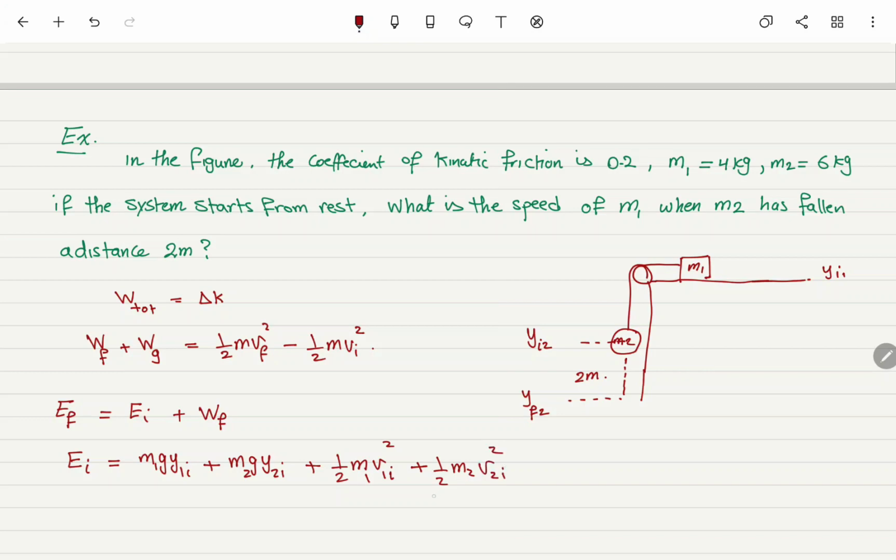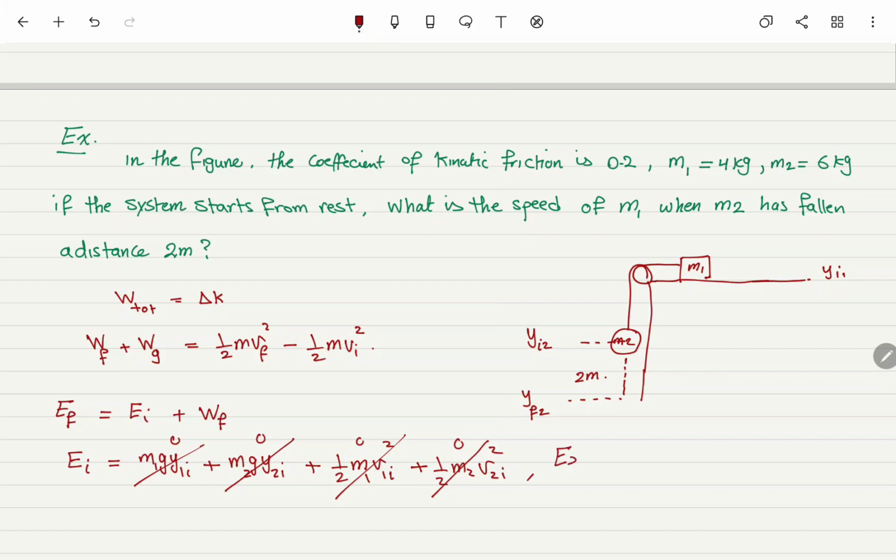And remember, the whole system is at rest, so no velocity here. Again, for the other system it's equal to 0, and the initial position is equal to 0, and this one 0 for this case as well.